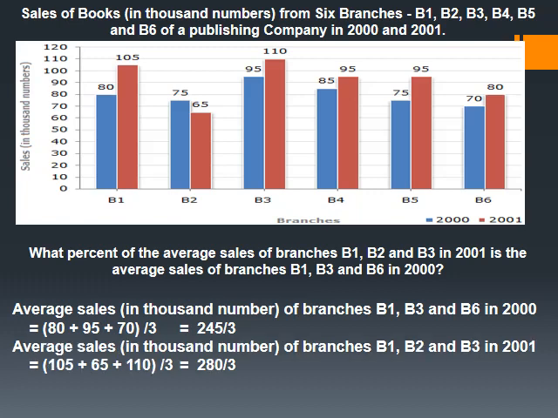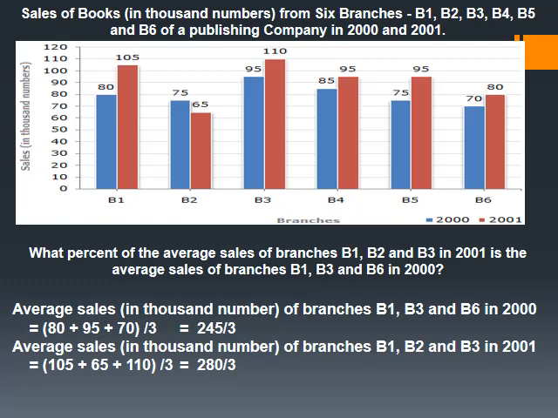Now we find the average sales of branches B1, B2, B3 in 2001. So look for the red bars. For B1, 105. For B2, it is 65. Then for B3, the red bar is 110. You add all of them, divide by 3, and that will be 280 by 3.